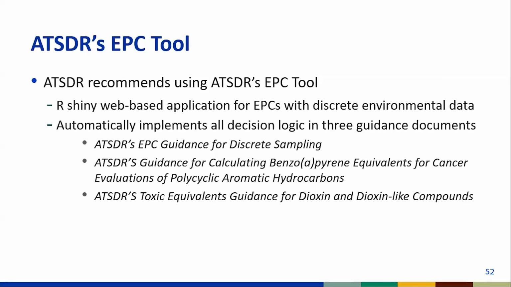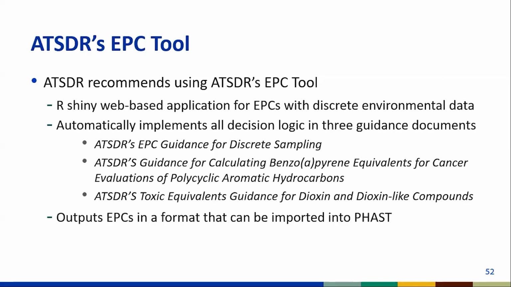Those are ATSDR's guidance for calculating benzo[a]pyrene equivalents for cancer evaluations of PAHs, and ATSDR's toxic equivalence guidance for dioxin and dioxin-like compounds. Additionally, the EPC tool offers the added benefit of outputting EPCs in a format that can be readily imported into FAST.